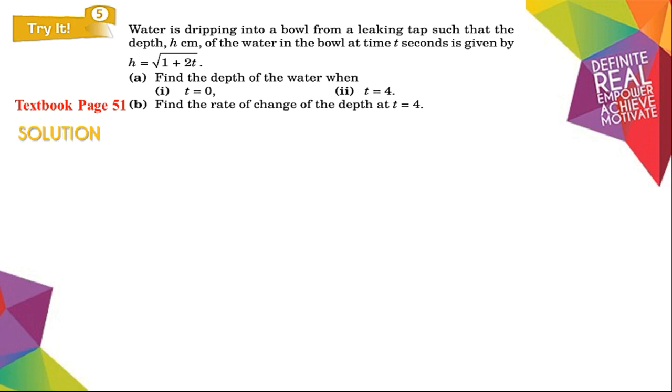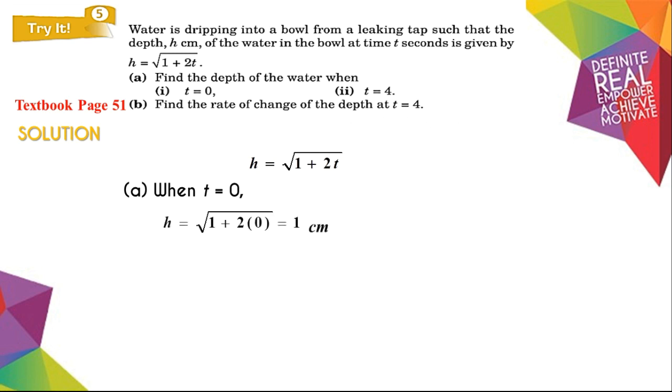So the solution is like this. Firstly, we rewrite the function h equals the square root of 1 plus 2t as the function of the water in the bowl at time t seconds. Then when t equals 0, for question A, it is directly giving the value of h, which is h equals the square root of 1 plus 2 times 0 equals 1 cm, by substituting the value of t equals 0.